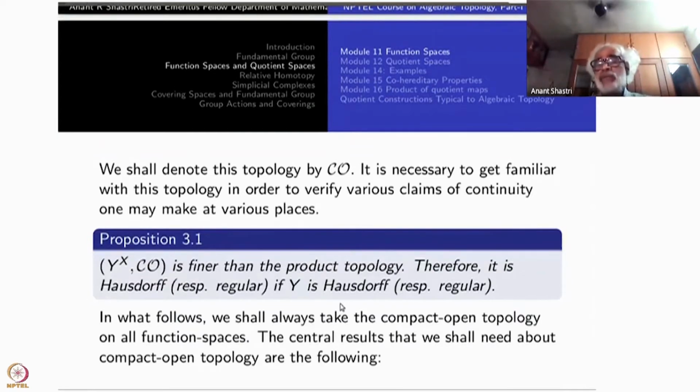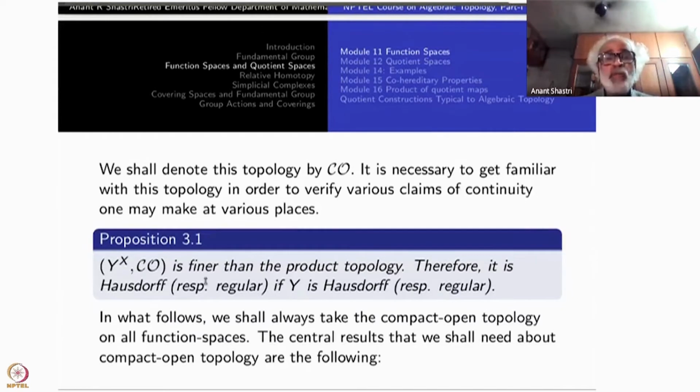If Y is Hausdorff, Y power X with the product topology is Hausdorff, and anything which is finer than the product topology will also be Hausdorff. Y power X with CO is finer, I am claiming, so it will be Hausdorff. Similarly, a product of regular spaces is regular; then you take the finer topology, CO, and that will also be regular.